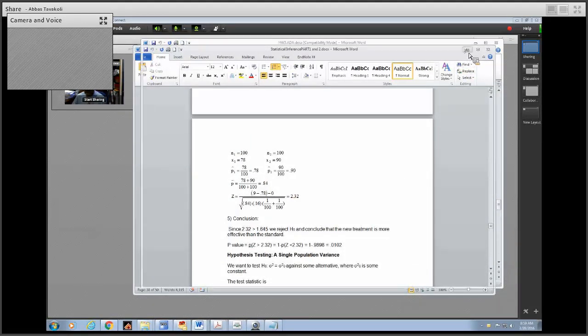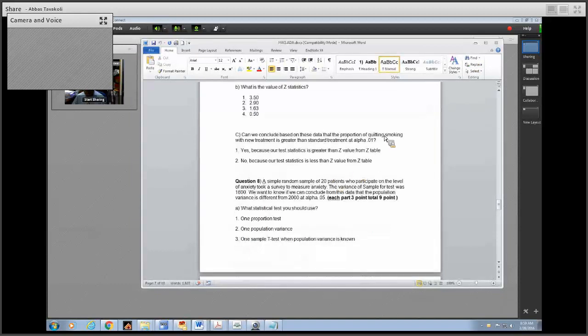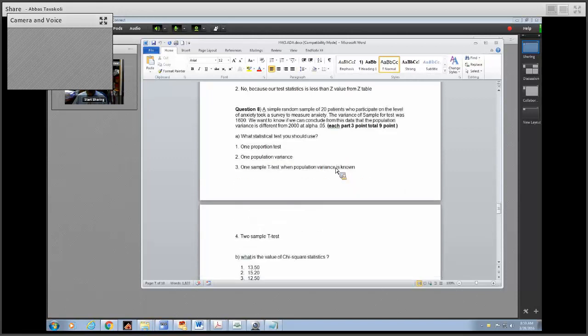So again, you did the confidence interval for 1 and 2 sample proportions. Now you're going to use the example on page 38 of your handout, which shows you what you need to do to calculate the Z statistic and make a conclusion in terms of hypothesis testing.